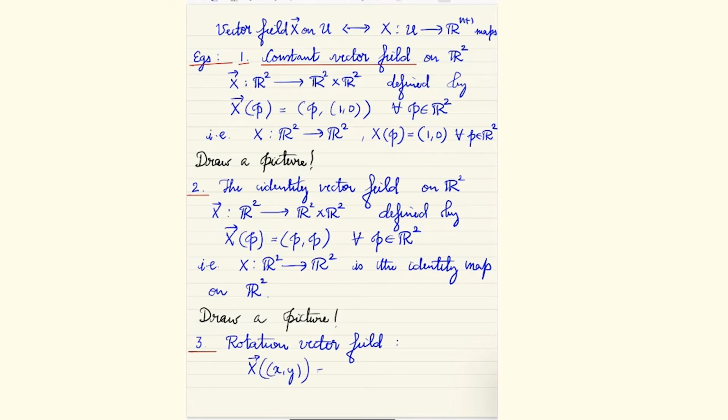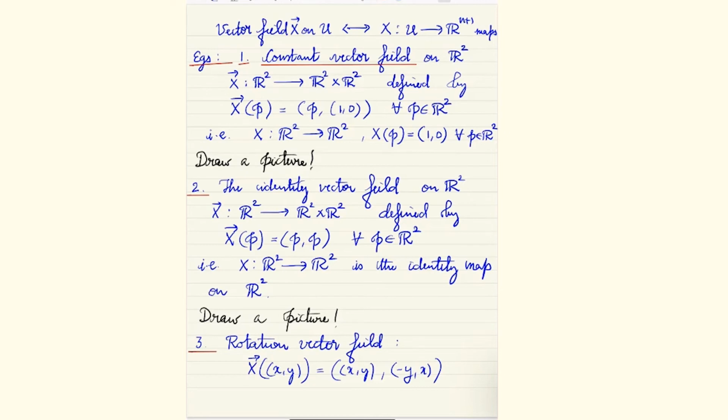xy, comma, minus yx. Already, if you think of this in terms of complex numbers, the pair x comma y being x plus iy, maybe you can see why this is called the rotation.